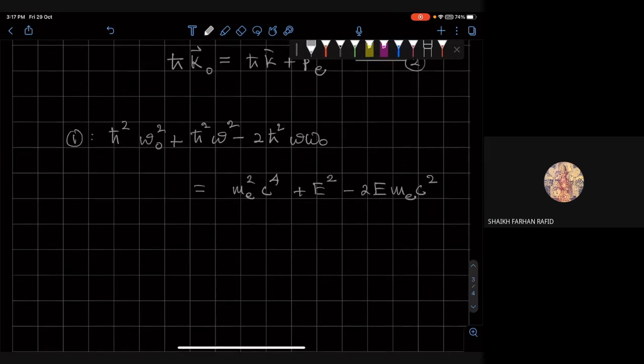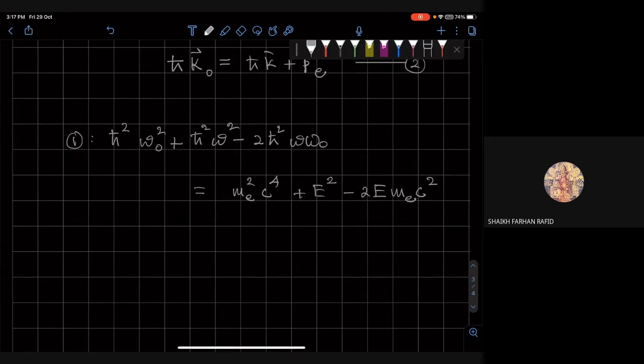So now we use the fact that omega is equal to c times k, or omega squared is equal to c squared k squared.